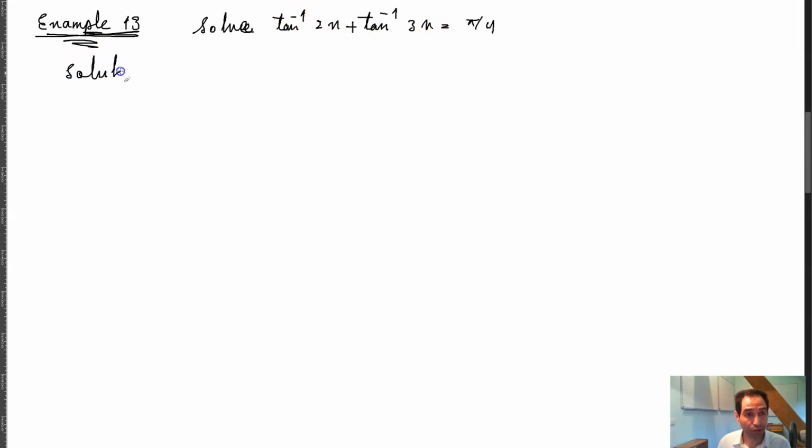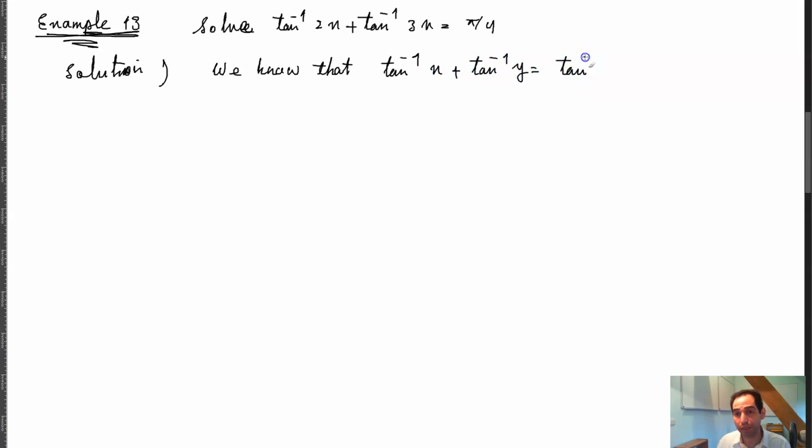Now the solution: so you have the tan inverse of 2x plus the tan inverse of 3x is equal to pi by 4. So we know that the tan inverse of x plus the tan inverse of y is equal to the tan inverse of x plus y over 1 minus x times y.